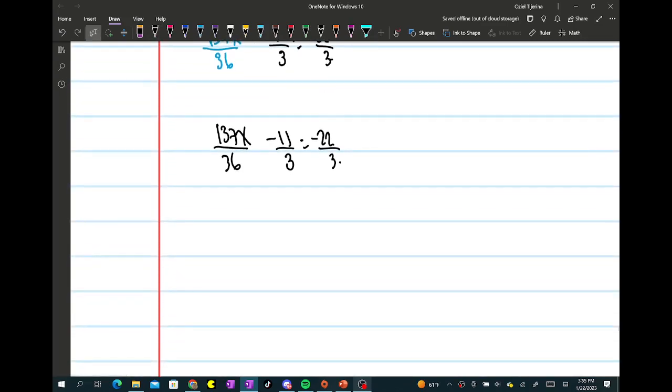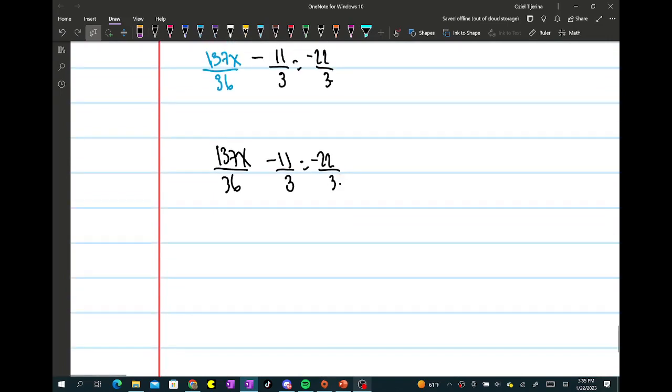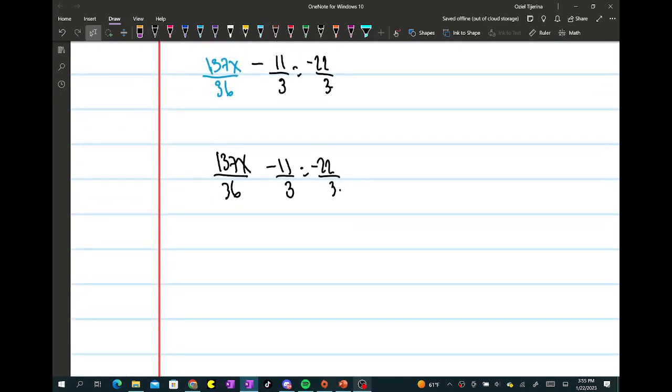Now, finally, what we're going to do is go ahead and add 11 thirds to both sides.